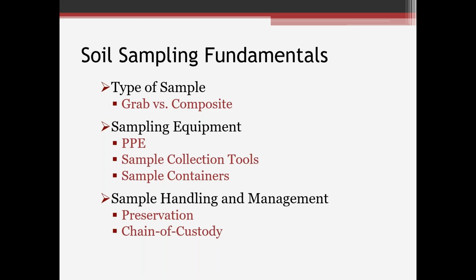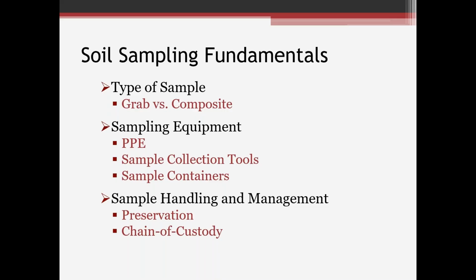You don't want to dilute down a sample by composite in that scenario. You might want to get your worst case scenario, see how high those contaminants are, and then that'll identify whether you've got a significant problem where you're going to have quite extensive remediation, or if it's pretty minor and you might be able to handle it with a little less activity on remediation.